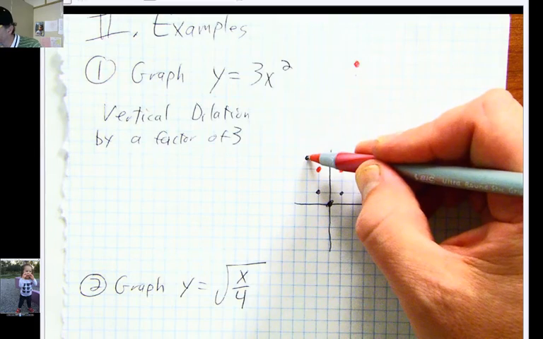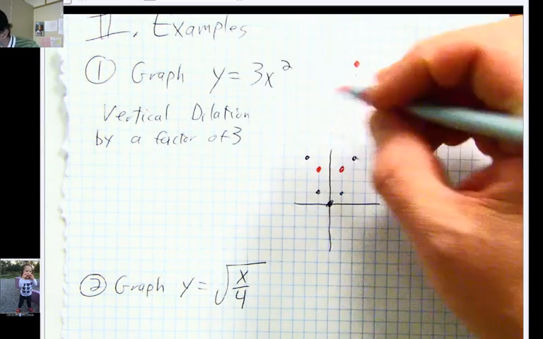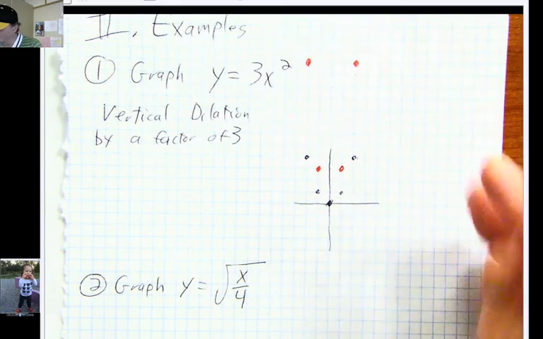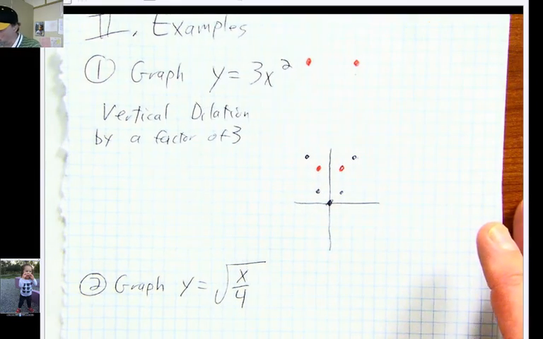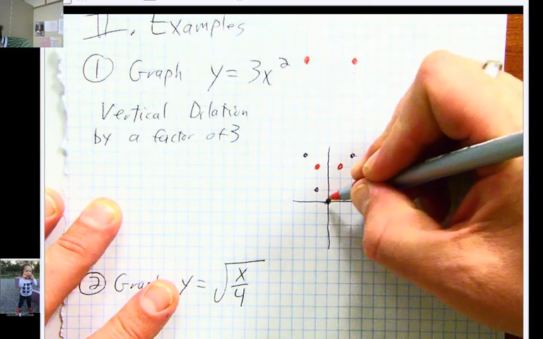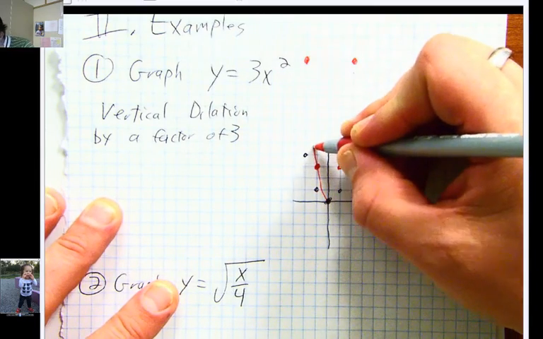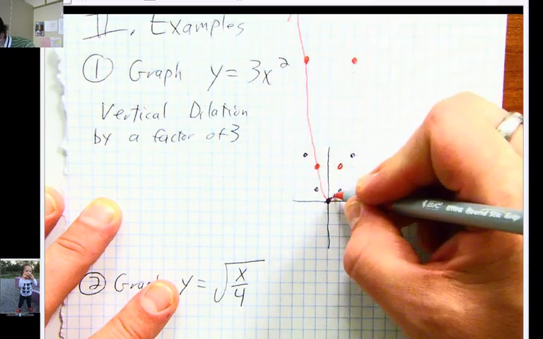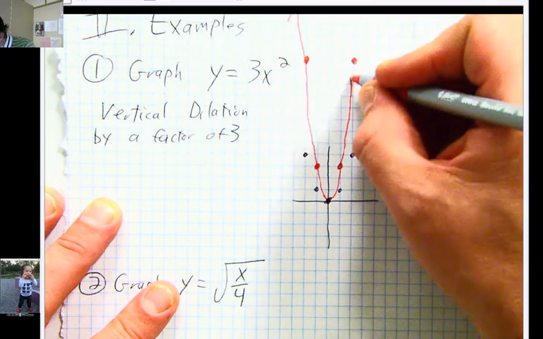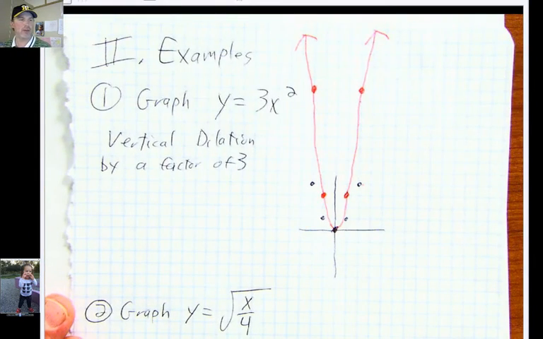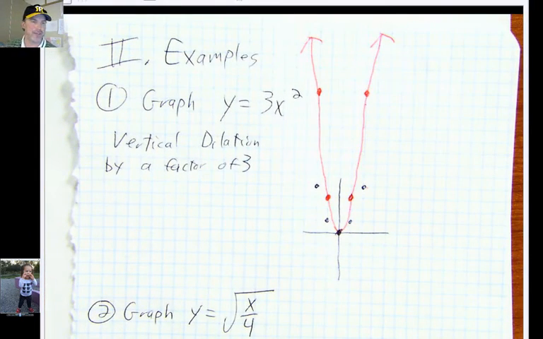This has a y value of 4, so if I multiplied that by 3, it would also be 12. So I have these points, and then I connect the dots as best you can. So it went through 0, 0, this point, that point, and was heading up. And the other one, same thing. Okay, and that is how you would handle a vertical dilation by a factor of 3.